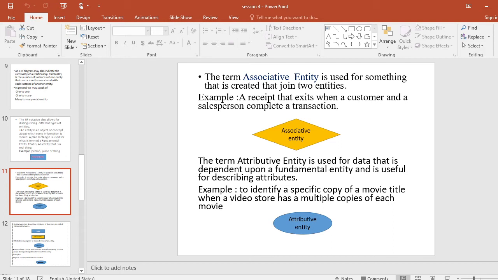The term associative entity is used for something that is created that is joined to an entity. A rectangle with a diamond shape represents an associative entity.